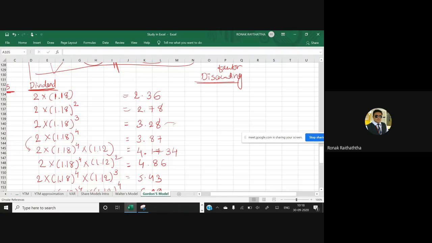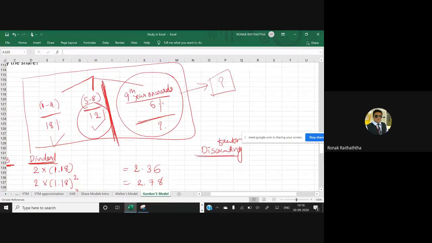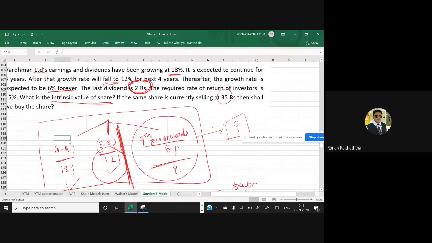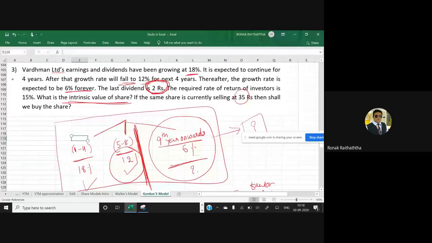डिविडेंड कितना मिलेगा दूसरे साल में, तीसरे साल में, चौथे साल में, ये फाइंड कर लिया, सही बात है, अब तक सही जा रहा है सब कुछ। लेकिन उस डिविडेंड जो मिलने वाला है उसकी प्रेजेंट वैल्यू क्या है, और कौन से रेट से डिस्काउंट करना है? आफ्टर टेकिंग द एक्सपेक्टेशंस ऑफ इक्विटी शेयर होल्डर्स। So expectations of equity shareholder, the required rate of return of investor is 15% in this case.